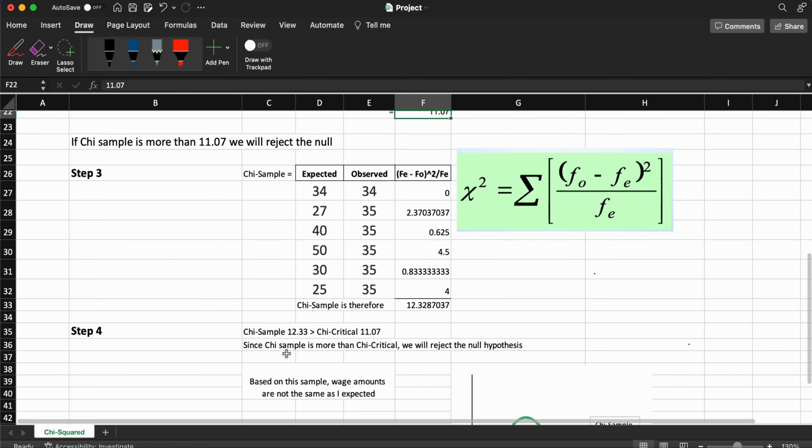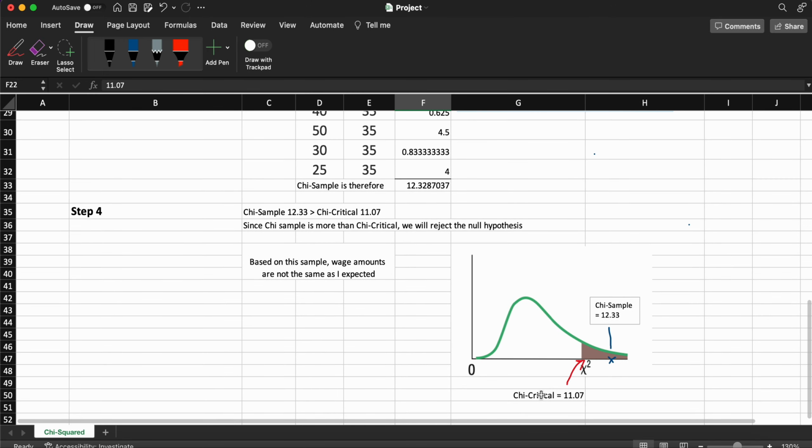And so therefore in step 4, you see that chi sample is more than chi critical, which I had labeled in the graph here just for an easier visual representation. So this is chi critical, and the chi sample is actually in the rejection region, brown here, and so we will reject the null hypothesis.